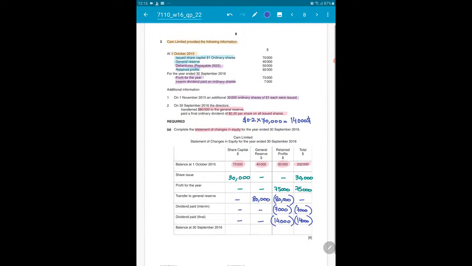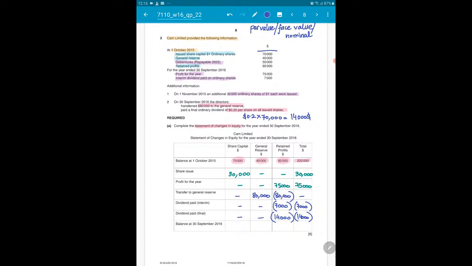Some important things to note down here, students, is that this $1 means that the share is the par value, the face value, or the nominal value. All the three terms are used: the par value, face value, and nominal value. This is the cost of that share. So $1 is the share par value.